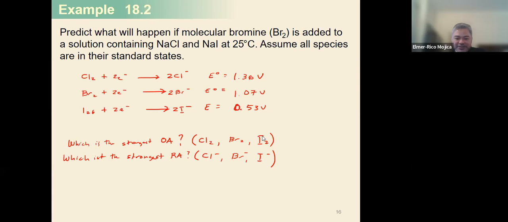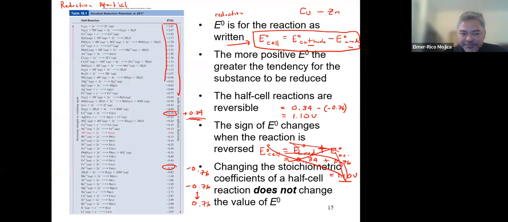No, I don't think so. The strongest oxidizing agent there will be this one, the one that has the highest reduction potential. Look at here. See that? Increasing strength of oxidizing agent. So what does it mean? The higher the reduction potential, the stronger the oxidizing agent.